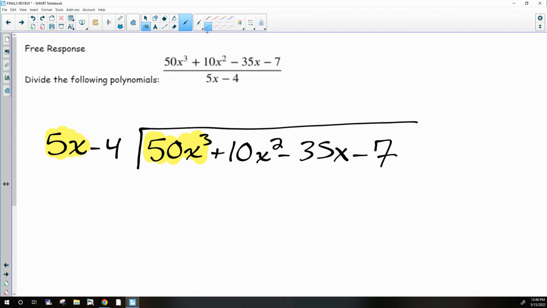So we need to multiply 5x minus 4 by 10x squared plus 2.